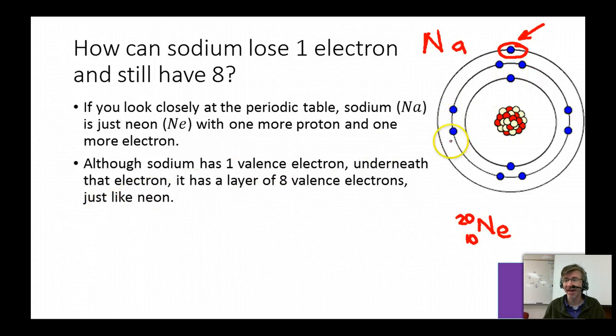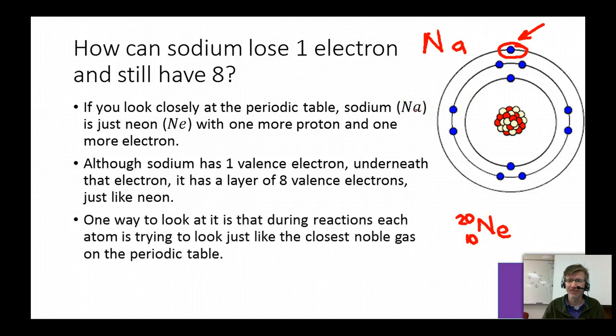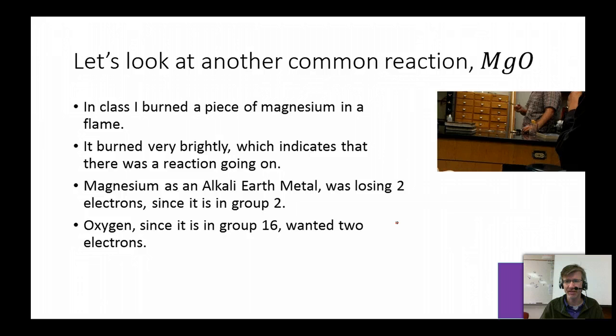And that means sodium looks just like neon once it loses an electron. So during reactions, this is a good point here, most atoms are trying to look like the closest noble gas. In other words, some gain or some lose to try and bump up their valence shell electrons to look like a noble gas. So let's talk about this a little bit more.